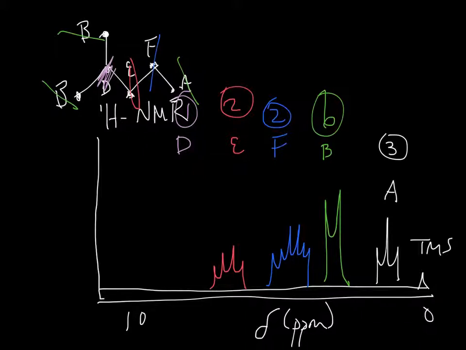That's 6. 2 more would be 8, and so 1 would be 9. So it's going to be, I think that's called a nonet, I think that's what it's called. That's when you definitely would write down below, okay, there are 9 peaks, because it's going to be really tiny. 1, 2, 3, 4, 5, 6, 7, 8, and 9. And so that's what I would expect you to be able to do at this point.